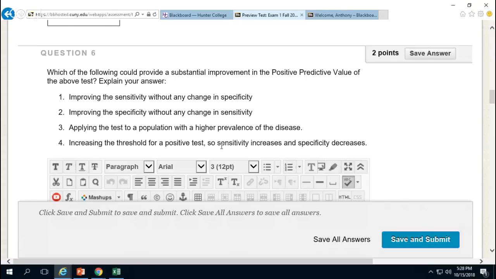It has a 5% error rate. You apply it to a population with 1% prevalence of the disease. If you get a positive test, what's the probability that you have the disease? What's that? 95%.